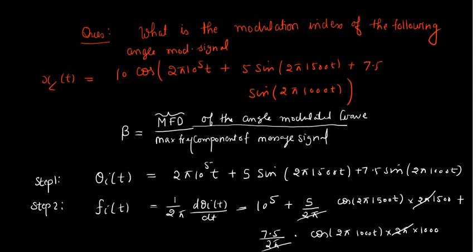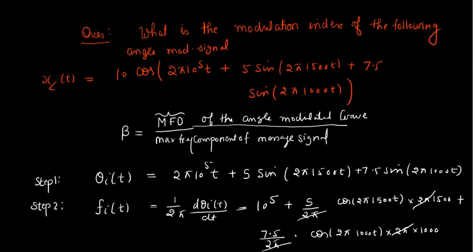Next, step 3 is to evaluate what is the frequency deviation. Frequency deviation is instantaneous frequency of your angle modulated wave minus the frequency of your carrier wave. What is frequency of your carrier wave? 10 to the power 5.